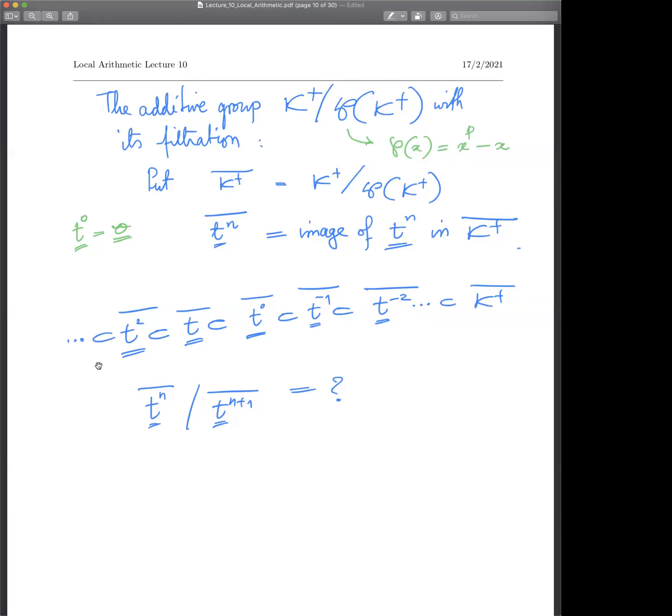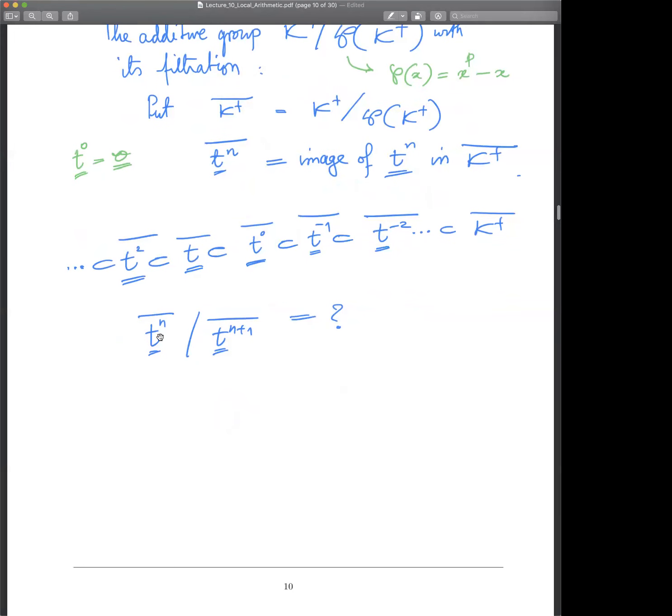It stretches to infinity in both directions. And we have to figure out what the successive quotients are. So let's try to determine what T to the n bar modulo T to the n plus 1 bar is equal to.